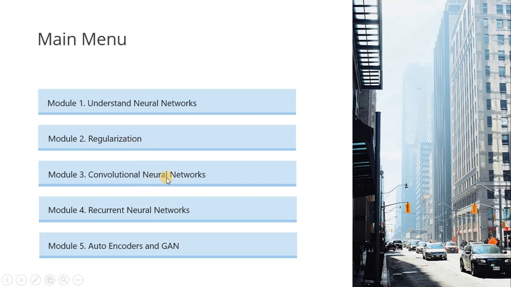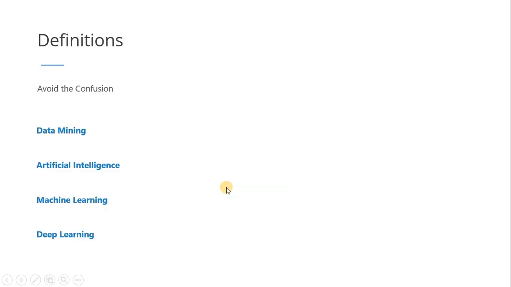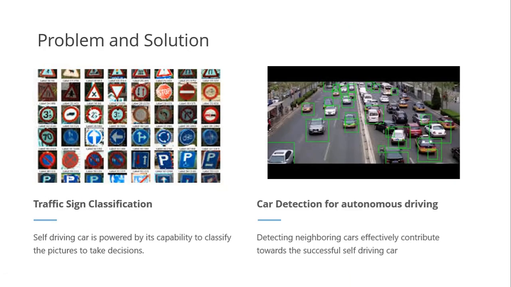Module 3 deals with a special type of neural network that can handle images and perform tasks like photo labeling, and traffic sign recognition by a self driving car, which is nothing but traffic sign classification when it comes to self driving cars.